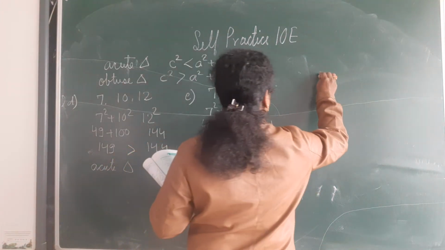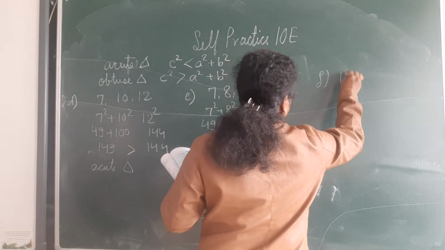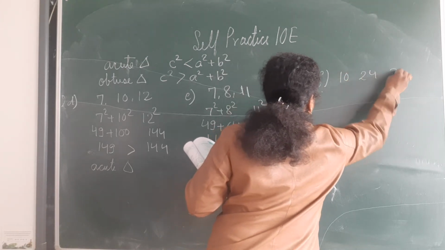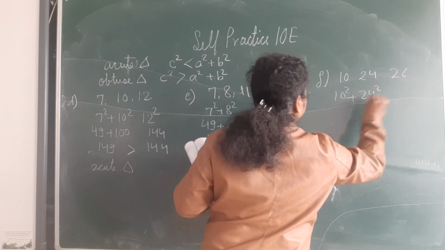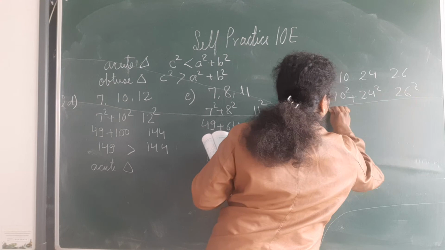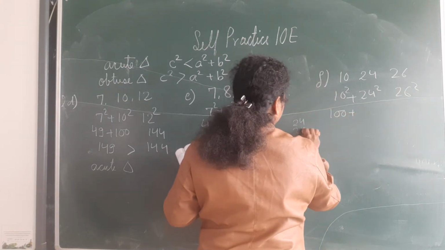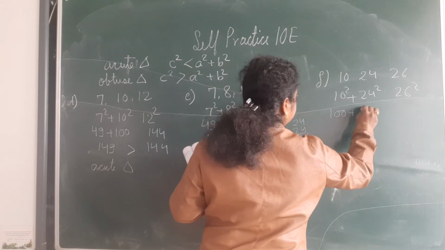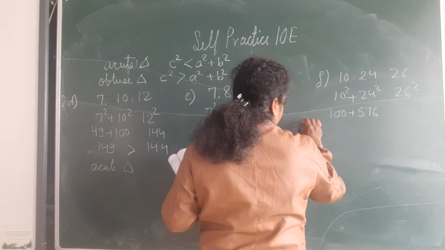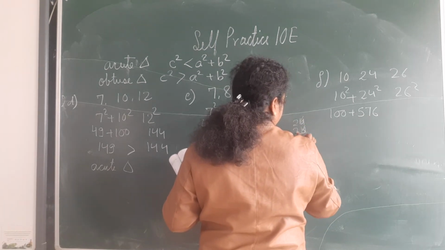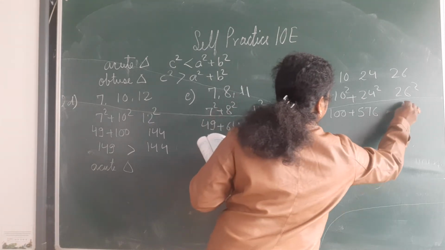Now see the F part. 10, 24, 26. 10 square, 24 square and 26 square. 100 plus 576 is 676, and 26 square is 676.